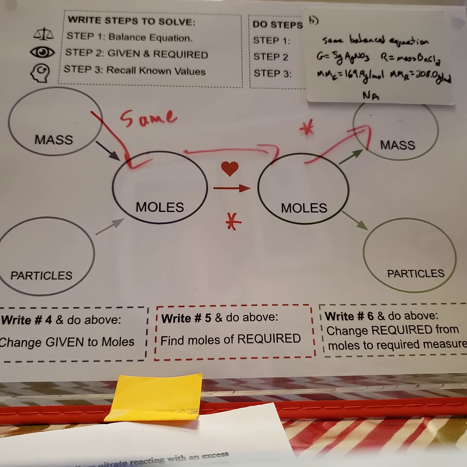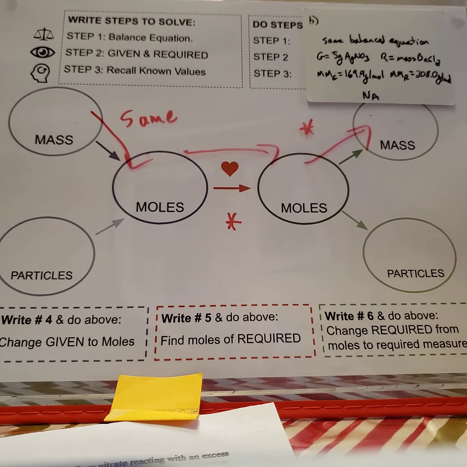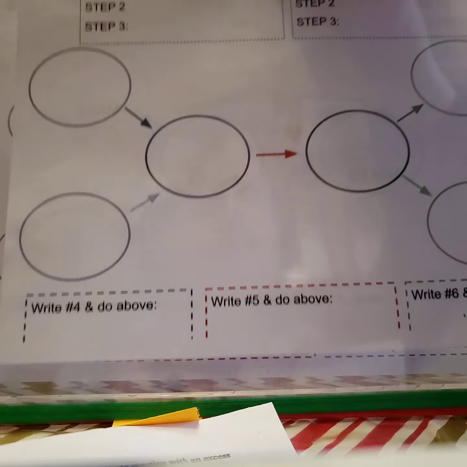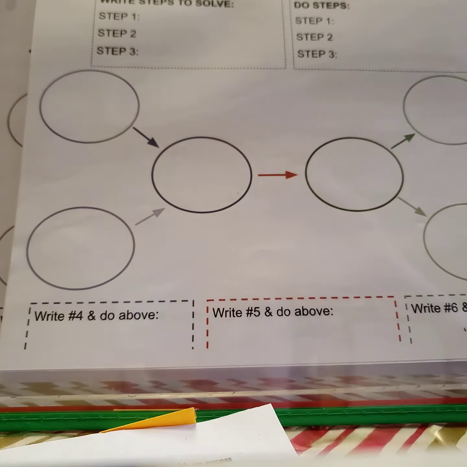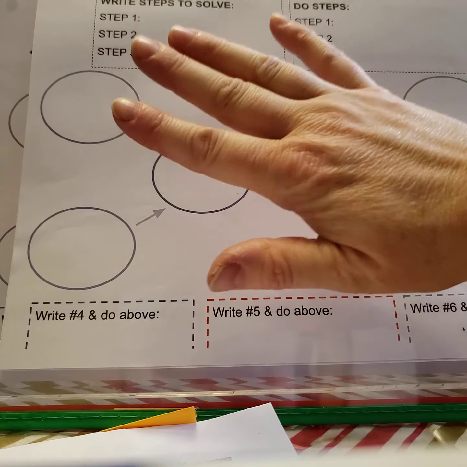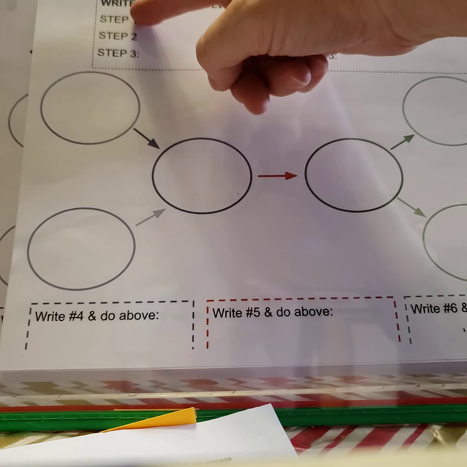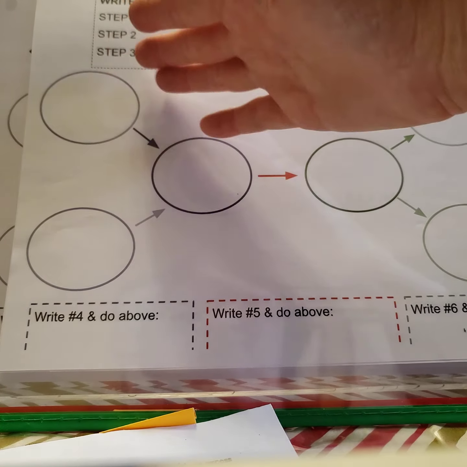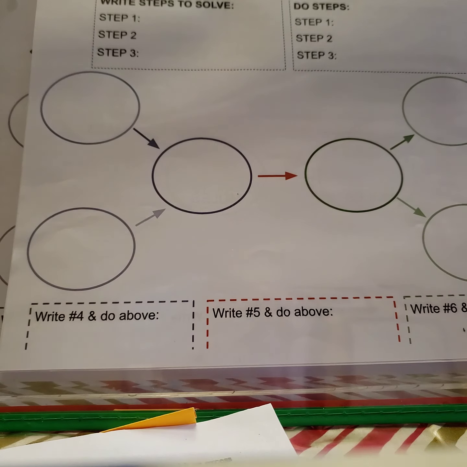Please make sure that you start by working with the guide that looks like this, that has your steps to solve, and that you then move on to the guide that is blank and you write in your steps. Do that for several problems, and then if you want to move on after that to not having the guide at all, but I would still be clear about your steps. I should still see step 1, step 2, step 3 done, even if you don't write a step, just 1, 2, 3, 4, 5, 6, all done really clearly, however you want.